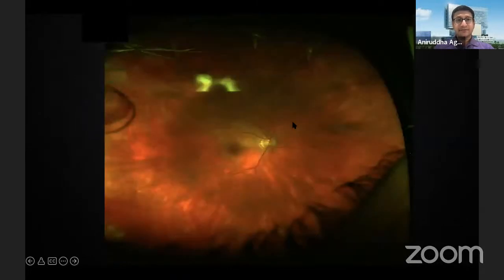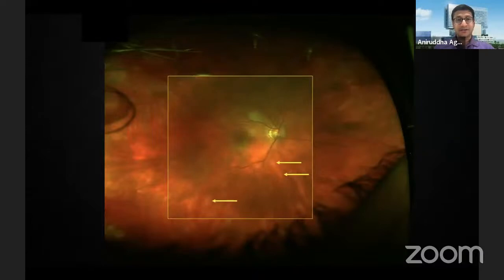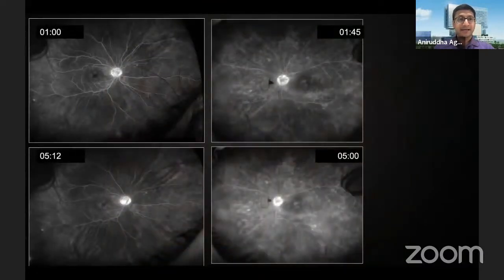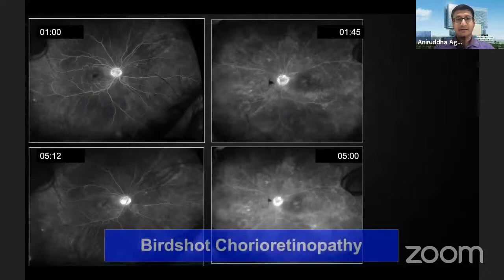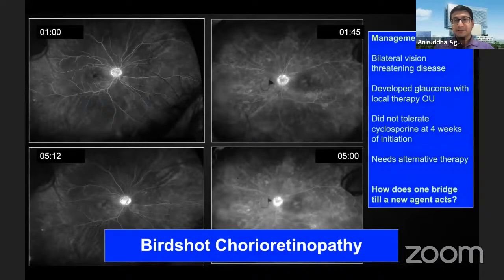This is a 35-year-old lady with multiple lesions. This is a birdshot chorioretinopathy, and you can look at the fluorescein angiography with diffuse leakage and cystoid macular edema. Now, in this patient, it's a bilateral vision-threatening disease. This patient has glaucoma with local therapy, and cyclosporin was not tolerated on initiation, and so of course needs an alternate therapy.